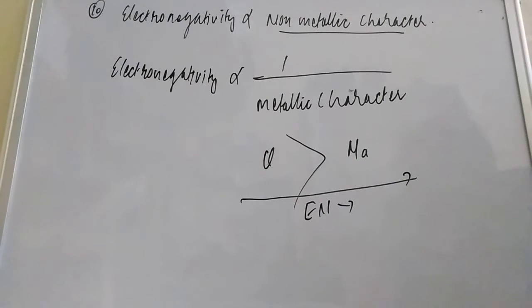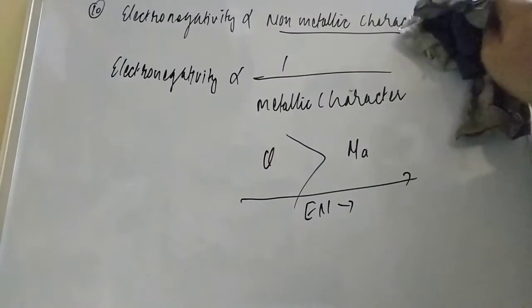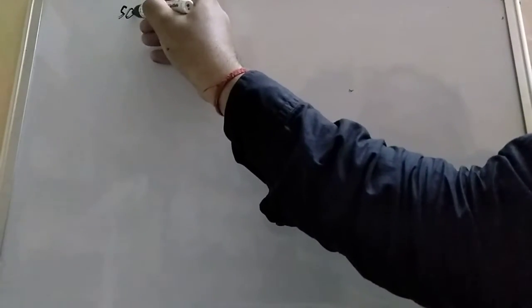Now some scales have been given to determine electronegativity. Three scales are given, so let us go one by one.